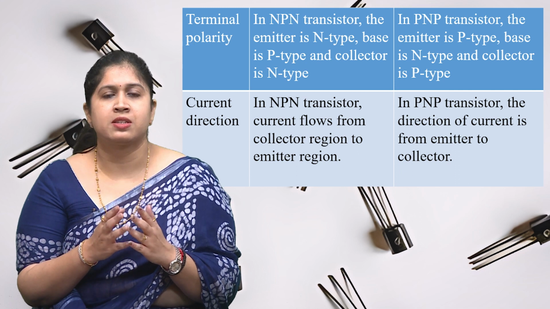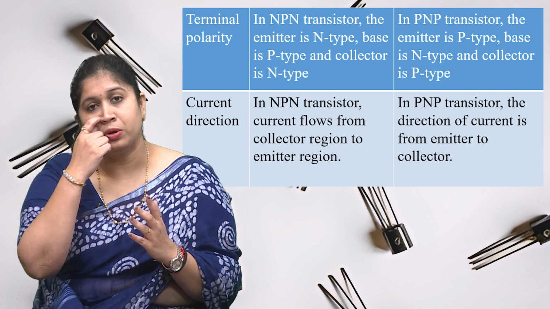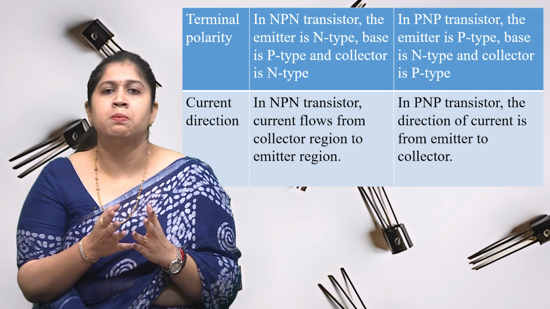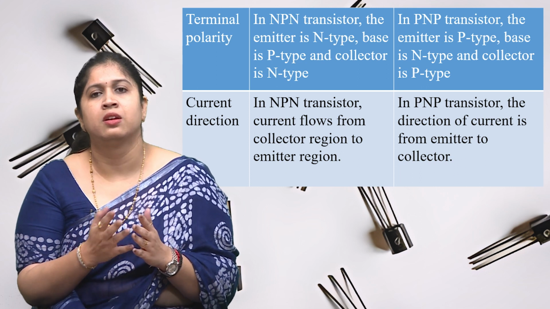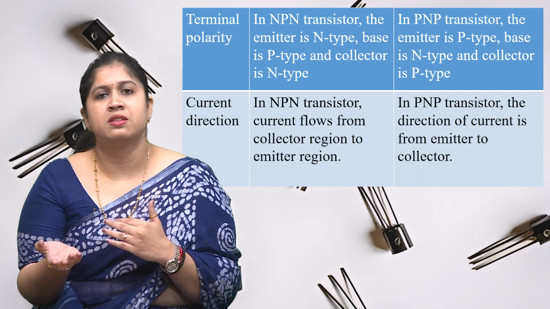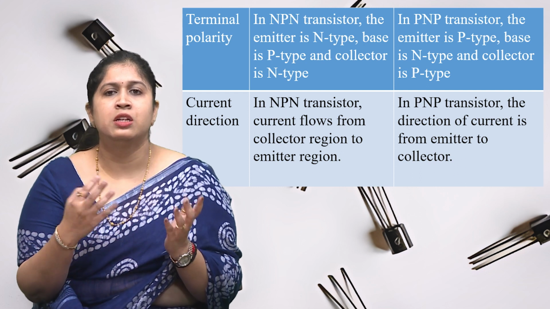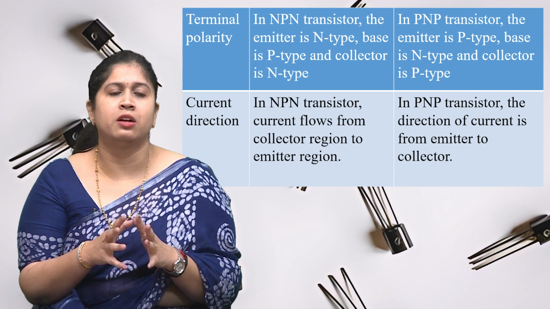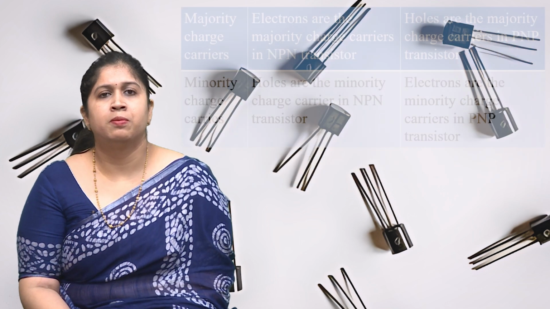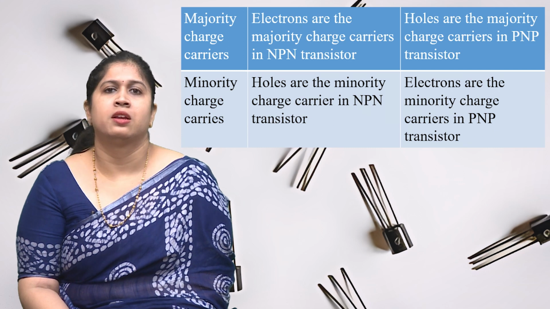Now we discuss current direction. In NPN transistor, current flows from collector region to emitter region, and for PNP transistor, the direction of current is from emitter to collector, meaning both are opposite from a current point of view. Majority charge carrier.